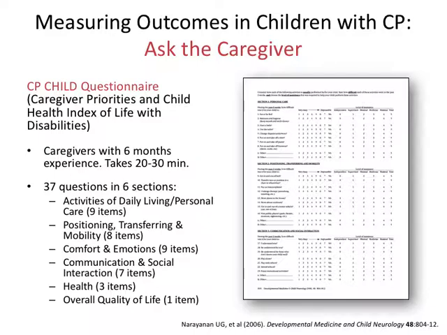And it is not specifically designed for non-ambulatory, non-communicative children, but you can see immediately why it would be very applicable to that group. Because it takes the caregiver's perspective into consideration. And these caregivers need at least 6 months of experience with that person. And the questionnaire takes about 20 to 30 minutes to administer.